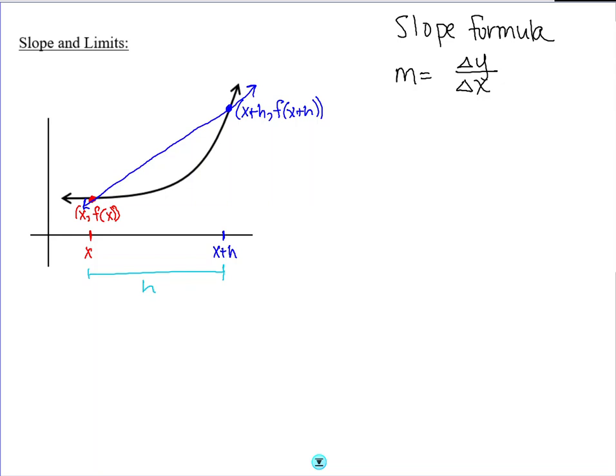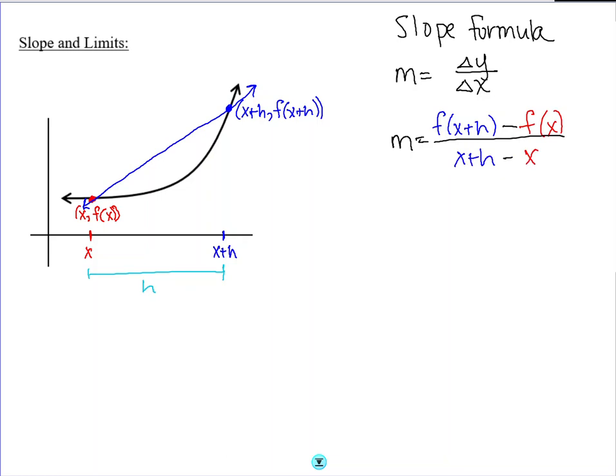So if I want to apply my slope formula using these 2 points, I would have the change in y, so f of x plus h minus f of x, divided by the change in x, which would be x plus h minus x.